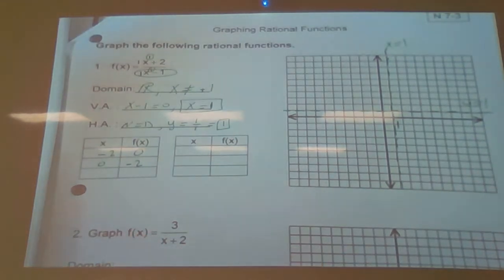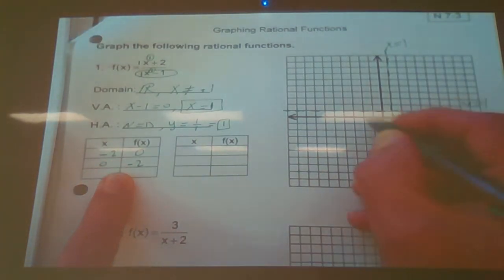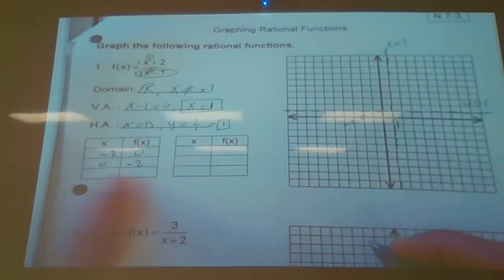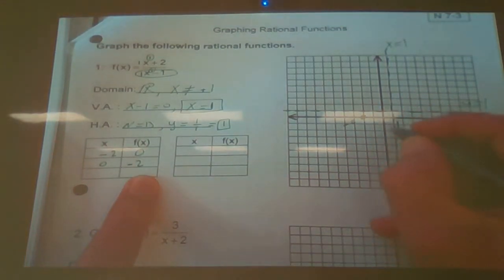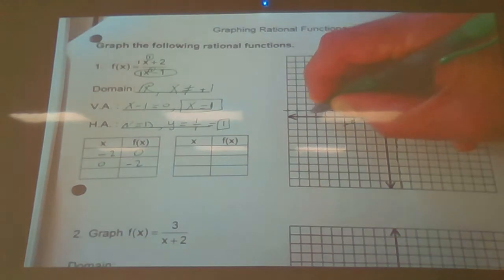Now you put the intercepts to show you where the graph is going to be, or a piece of it anyway. (-2, 0) is right here. (0, -2) is right here. So we know a piece of the graph is going to go right here.